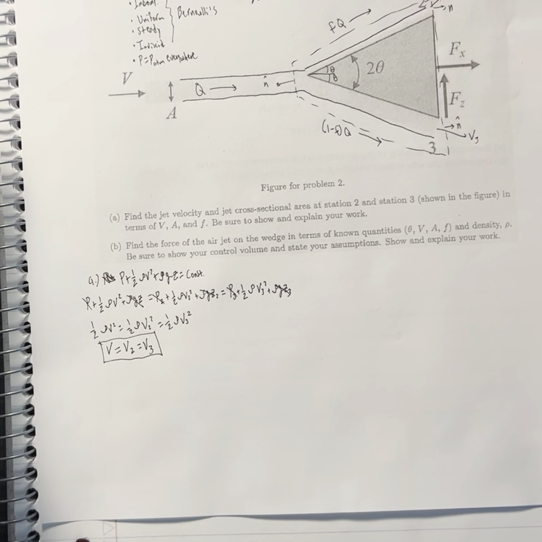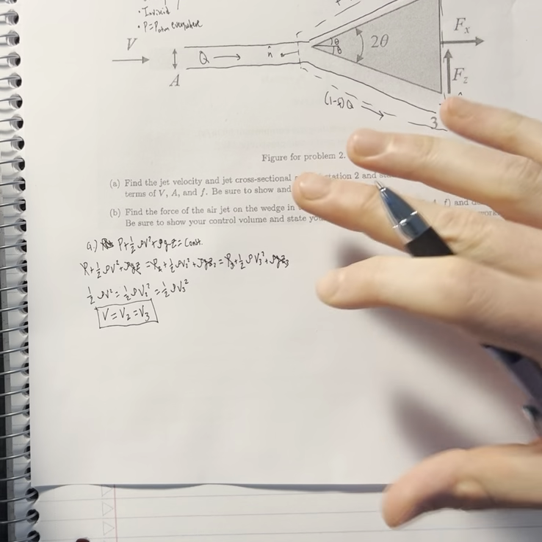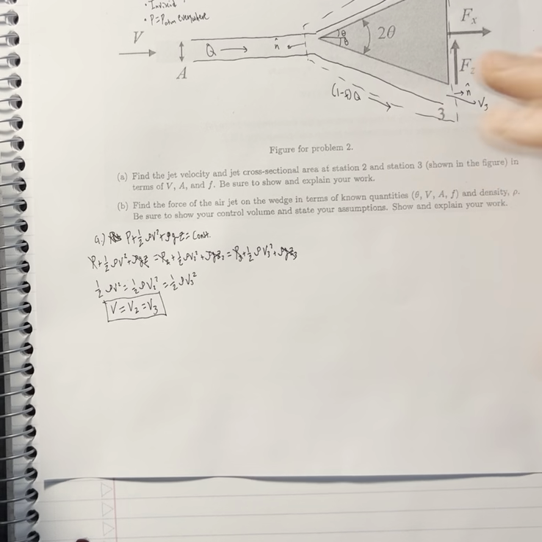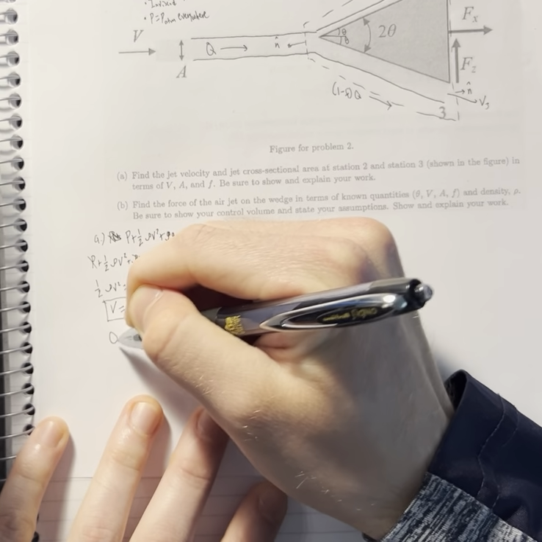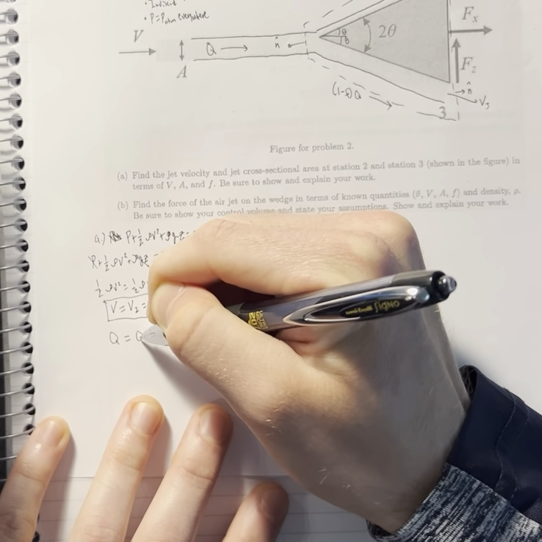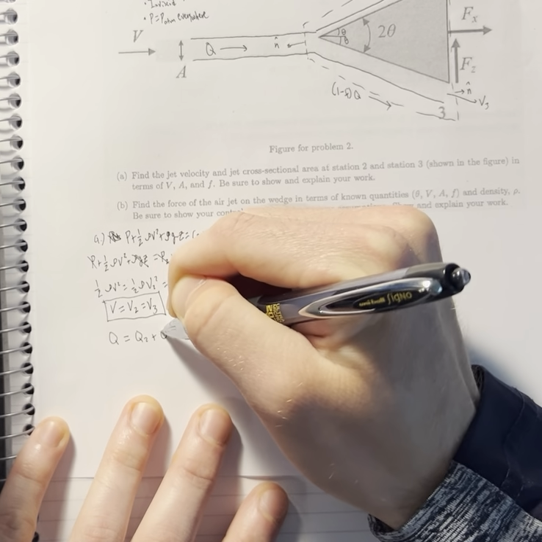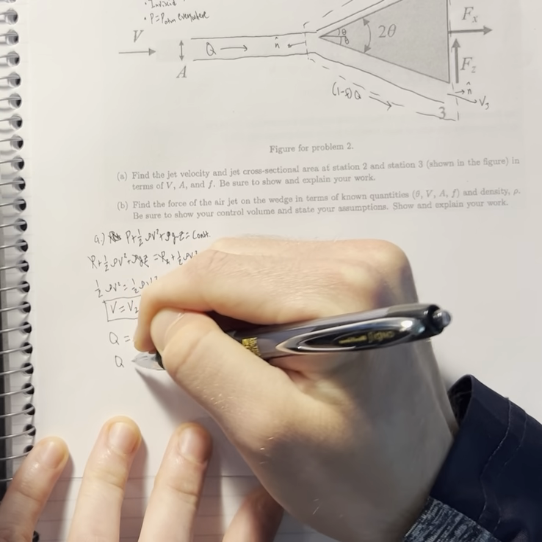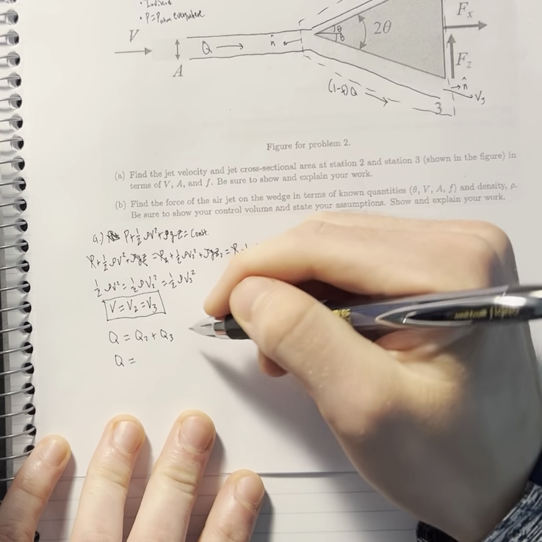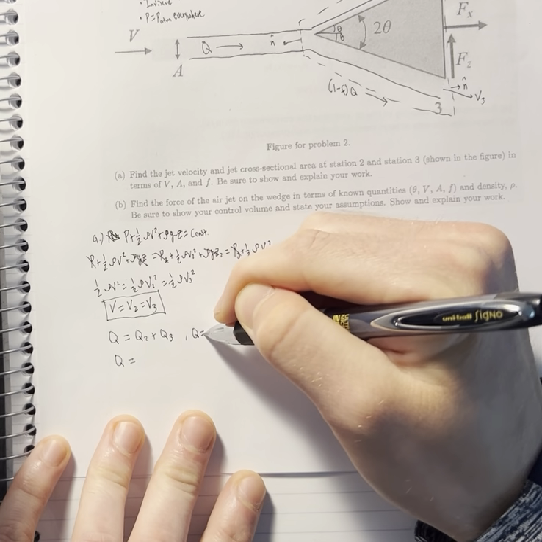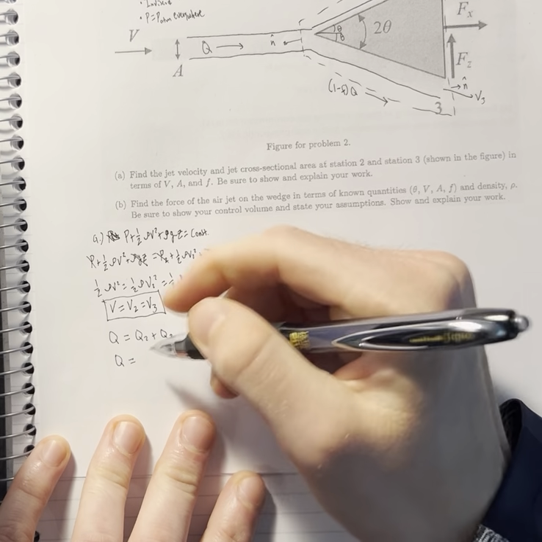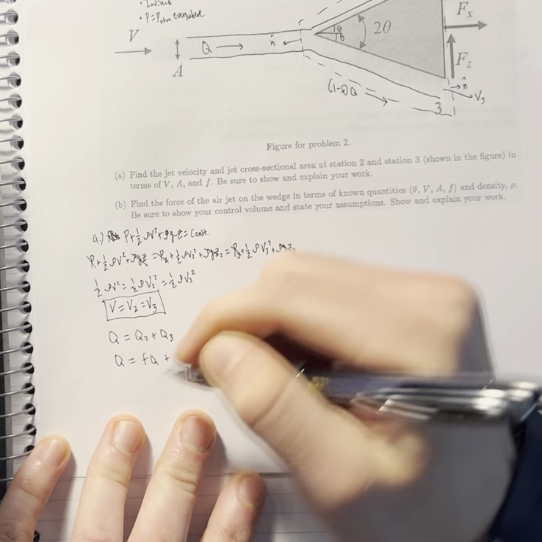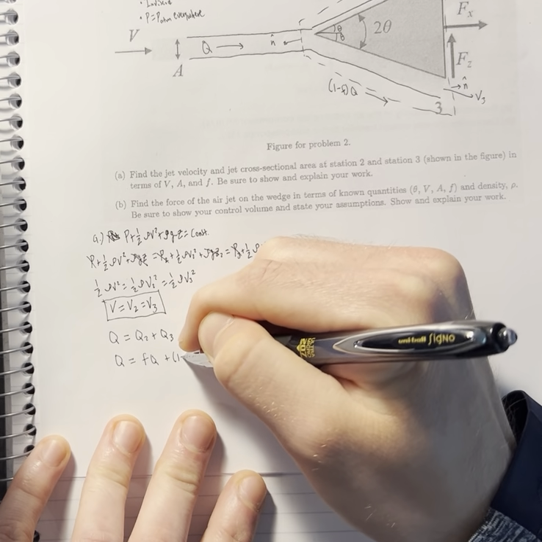So we can just use conservation, and I'm not even going to write out the whole equation because it's not that big of a deal. We know Q equals Q2 plus Q3, where Q equals VA, and Q2 is FQ, plus Q3 is (1 minus F)Q.